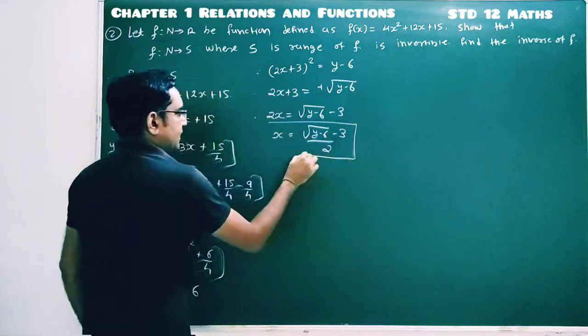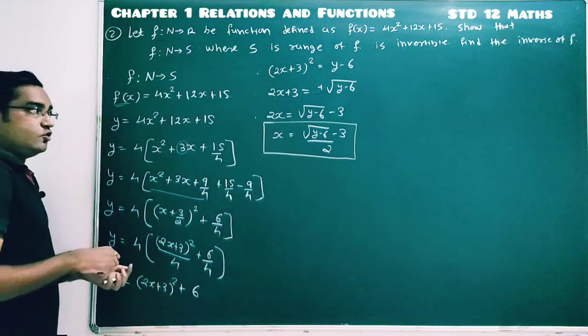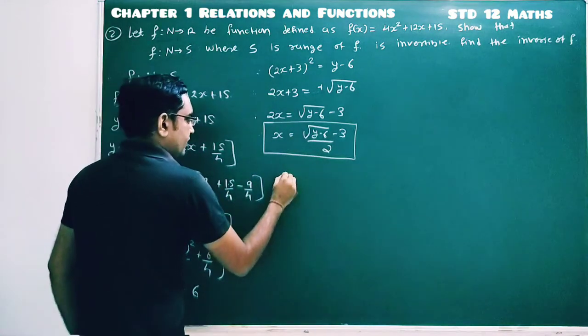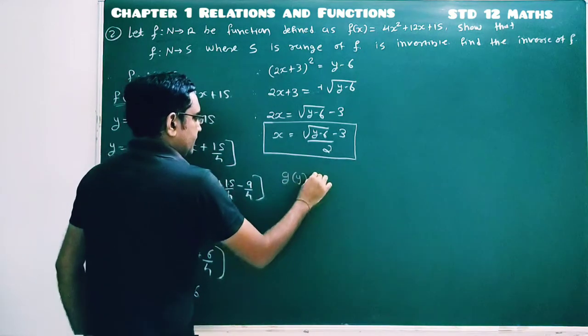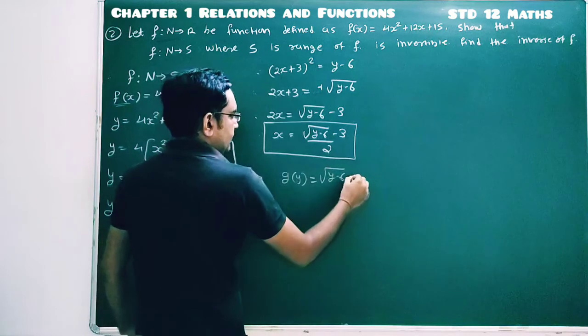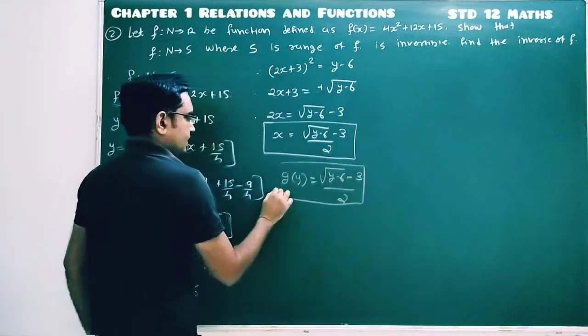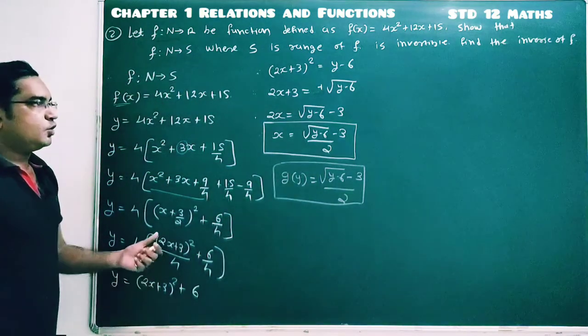So writing this expression in terms of x, we are getting our function g of y. This is nothing but g of y. So our g of y is nothing but square root of y minus 6 minus 3 by 2. This is according to our definition.